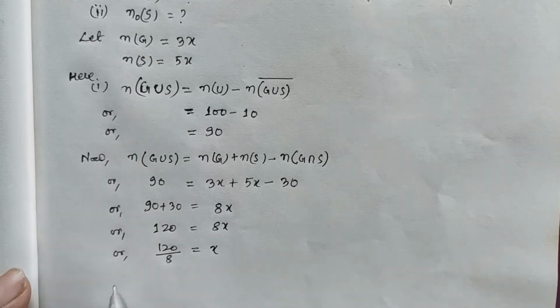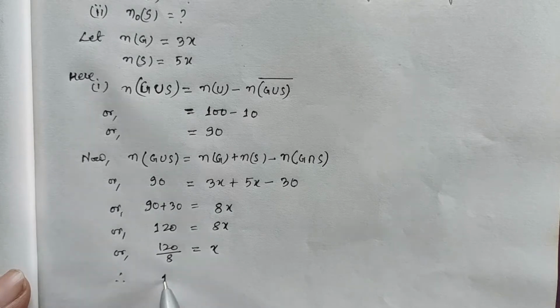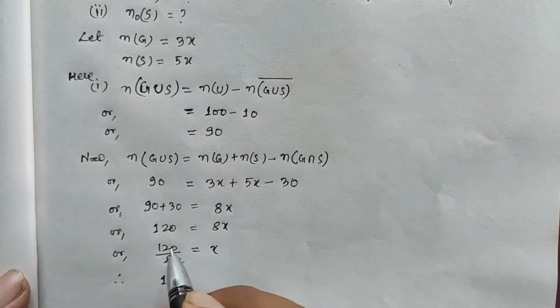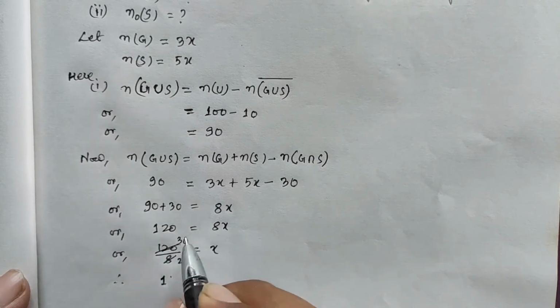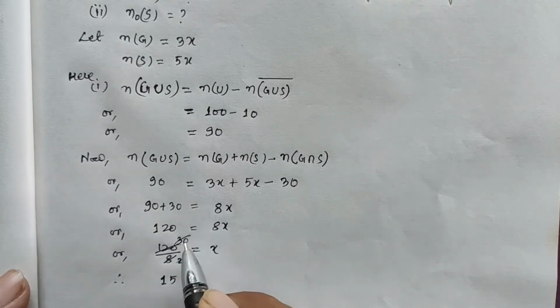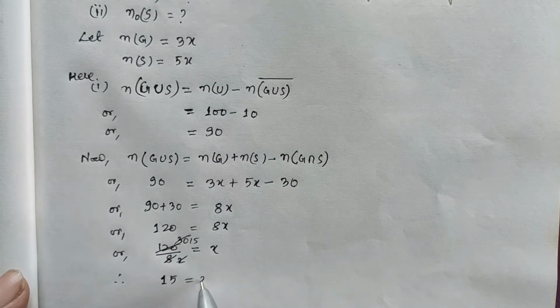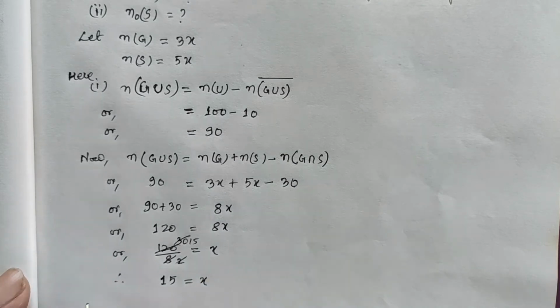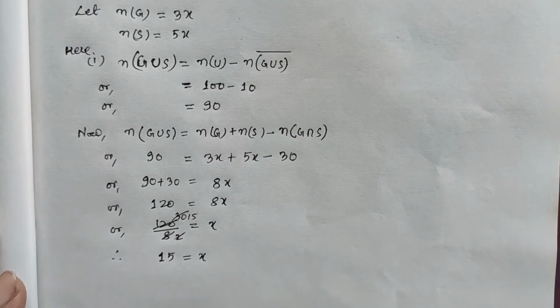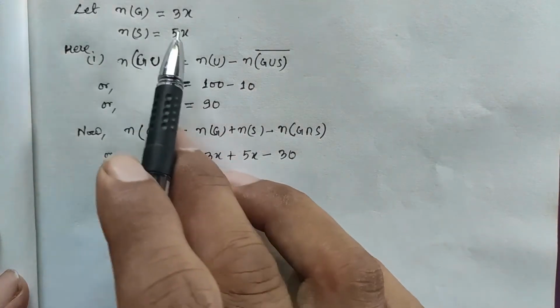So 120 by 8 is how much? 15. So x equals 15. We have found the value of x, but we need the value of n(G) to find n only g.